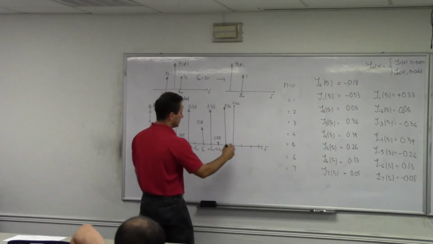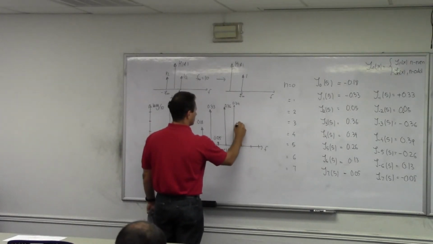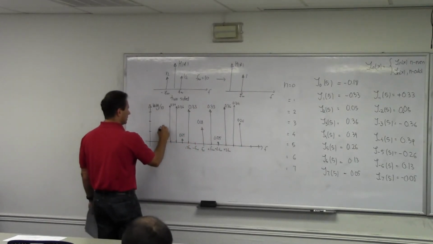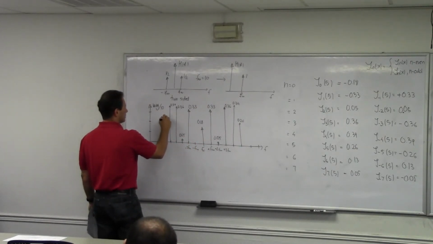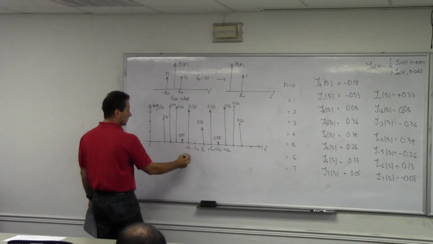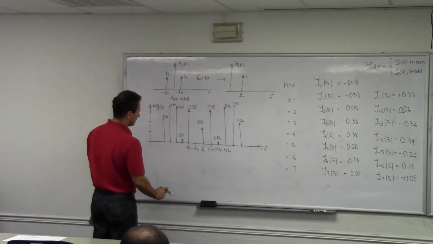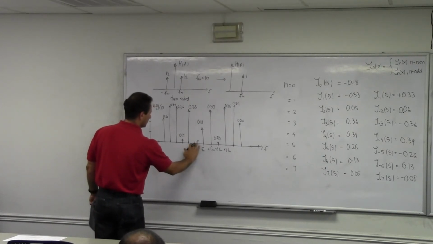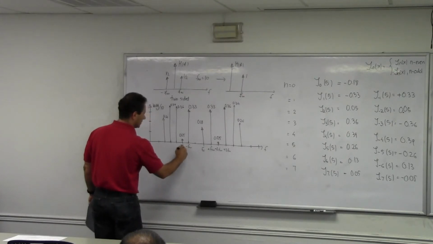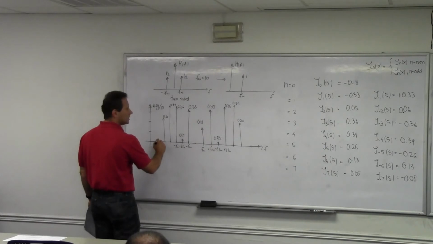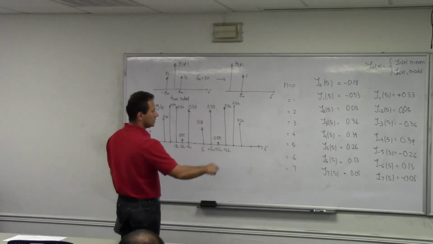The fifth component is 0.26, and there's one here, 0.26. Which one did I skip? So this is minus FM, minus 2 FM, minus 3 FM, 4, 5. So the sixth is going to be 0.13.